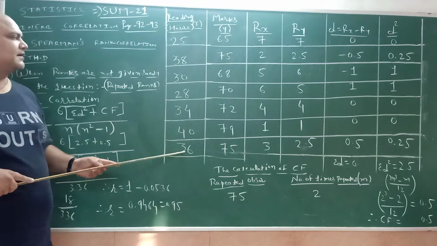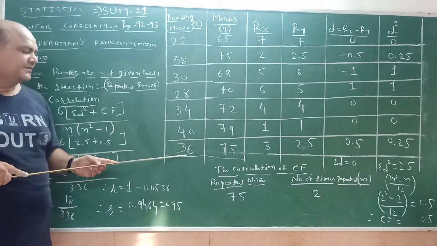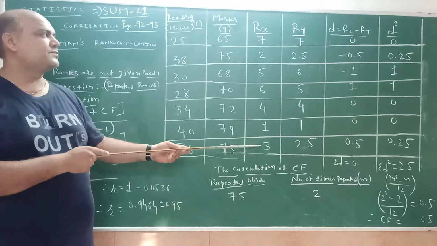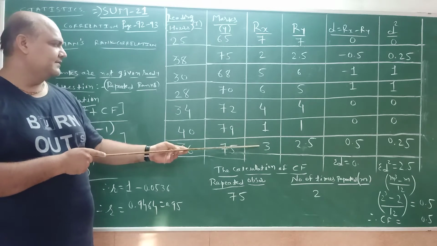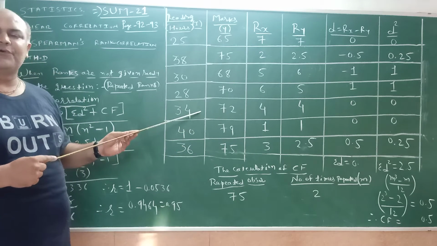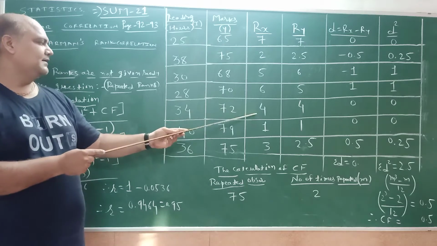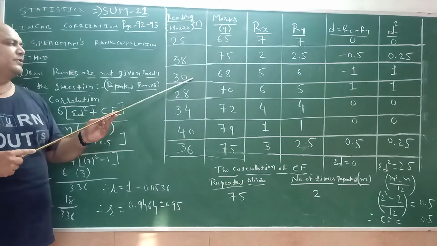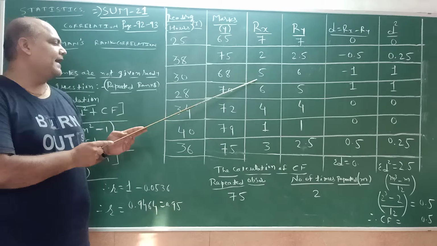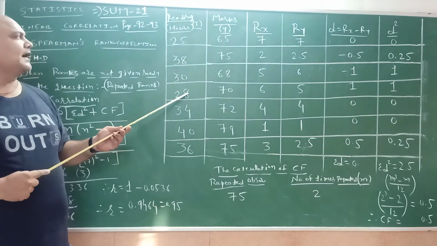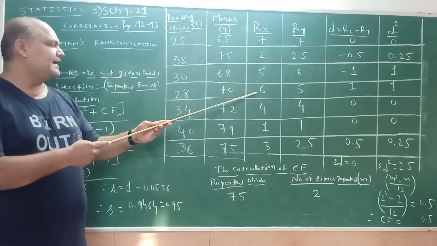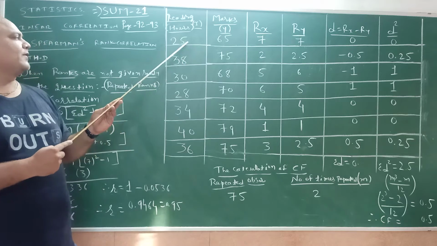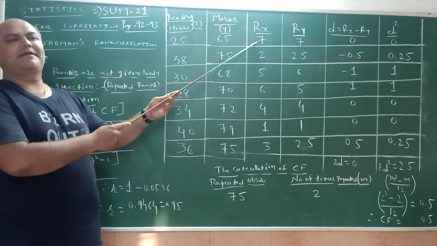The third is 36 hours, so 36 is provided third rank. After that 34, fourth rank. Likewise 30, fifth rank. 28 hours reading, sixth rank. And 25 hours reading, seventh rank.